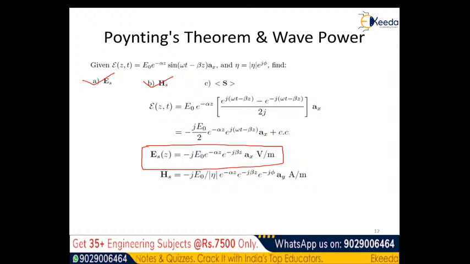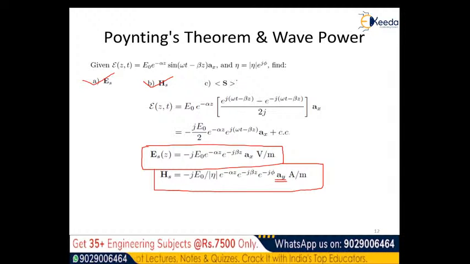So here we express HS as minus j E0 divided by mod of the intrinsic impedance eta, into e to the power minus alpha z, into e to the power minus j beta z, into e to the power minus j phi here. The direction is denoted by ay, and the unit is amperes per meter. So here I outline the answer for part B. Both parts A and B we have solved.